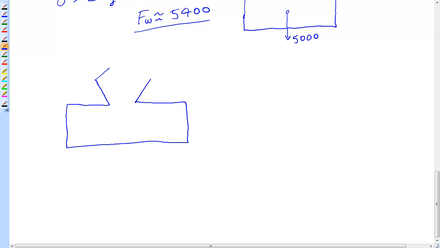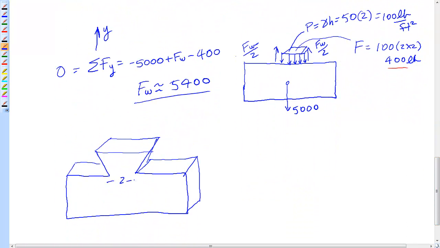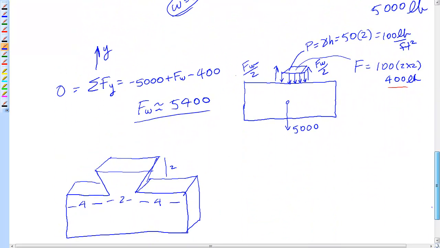Let's pick the same measurements: 2 across here, 4 across here, 4 across here, 2 going straight up, 2 here, 2 here, 10 here.